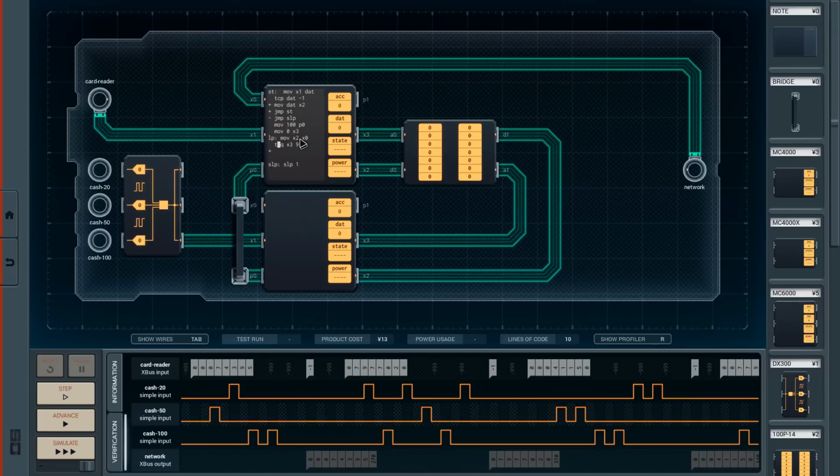Or actually, if it's less than 9, we jump back to loop. So this thing will be handling my increment nice and easily. Once we're complete, we move 0 into the address position. We're going to reset the address, and I think that's us. So let's actually do this.